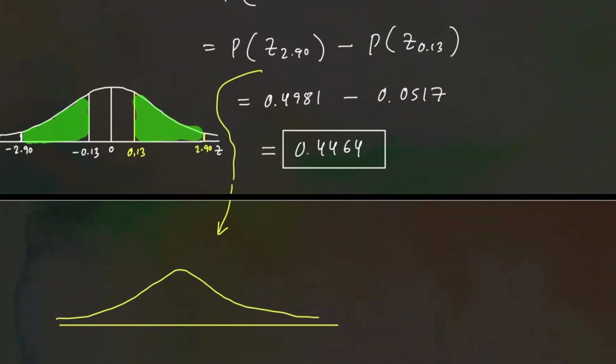So this is 0, this is z. So here is, let's say, 2.90. So when we read the table, it gave us all of this area. But we don't want all of that. We want it only between this and this. So then we found the area of this z-score, which was for 0.13.